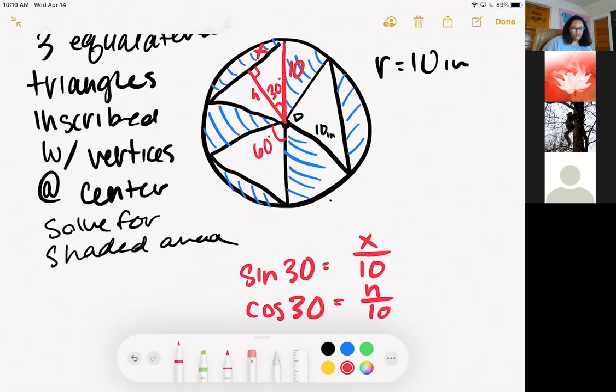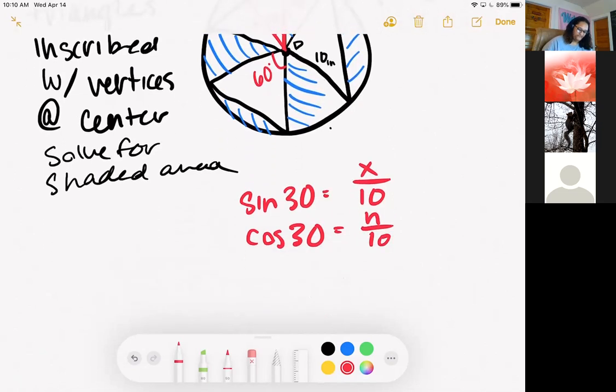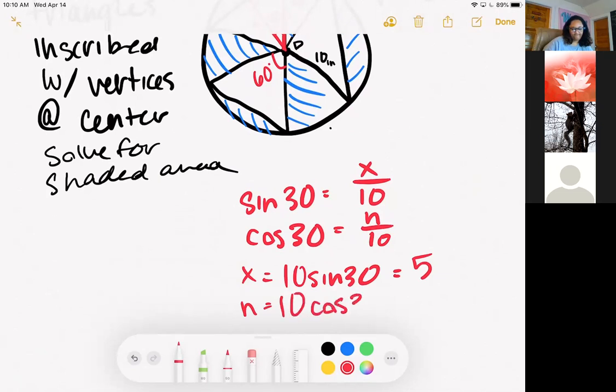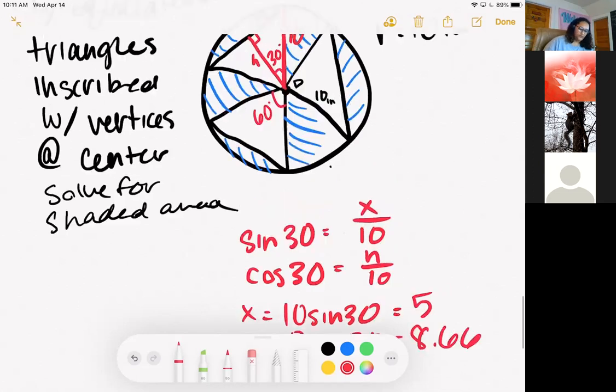And for the sine 30, you would get 10 sine 30 equals x, which is exactly 5, and then cosine of 30, that's just 10 cosine of 30, and that's 8.66. Cool.